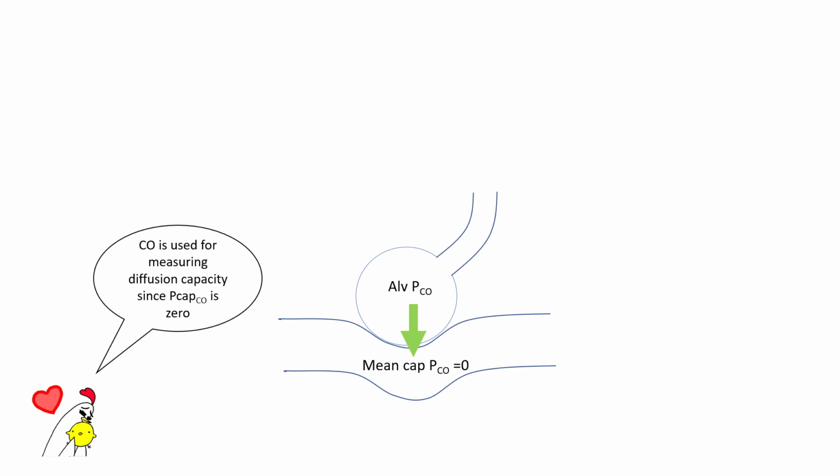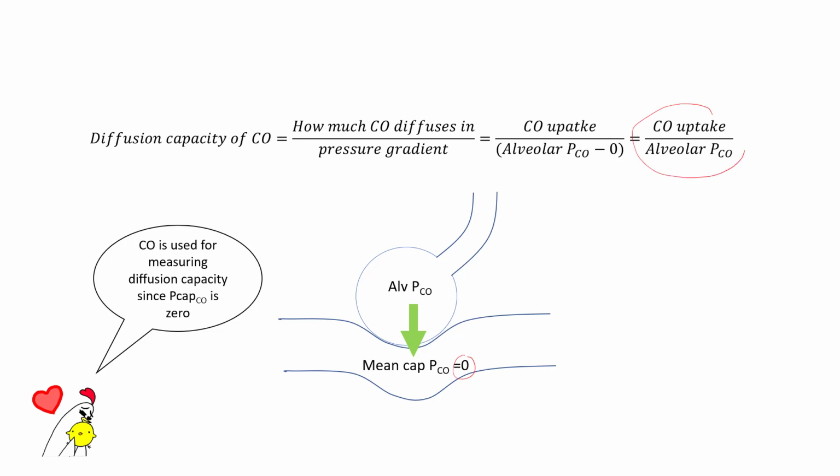The reason for this is that mean capillary PCO is 0, because all the carbon monoxide is taken up by the hemoglobin molecule almost immediately. For the diffusion capacity, carbon monoxide simplifies to how much carbon monoxide is taken up divided by the alveolar PCO. Both of them are easy to measure.